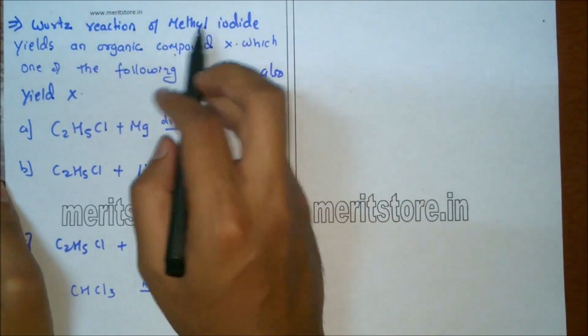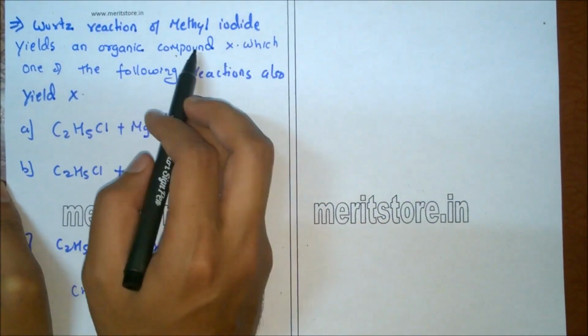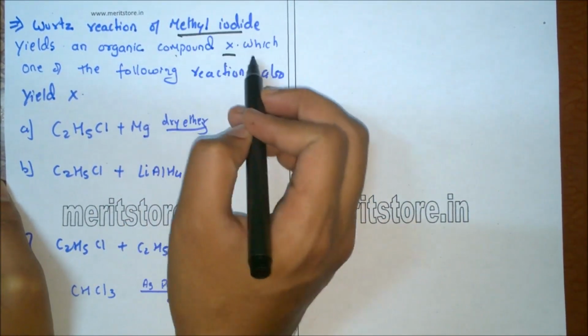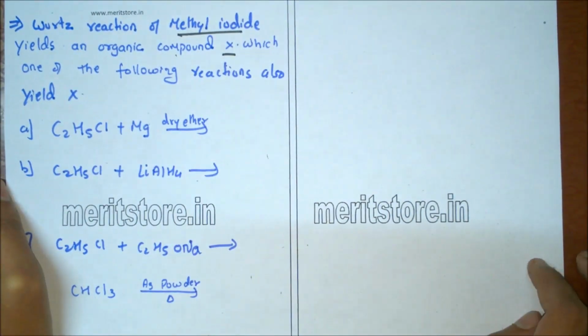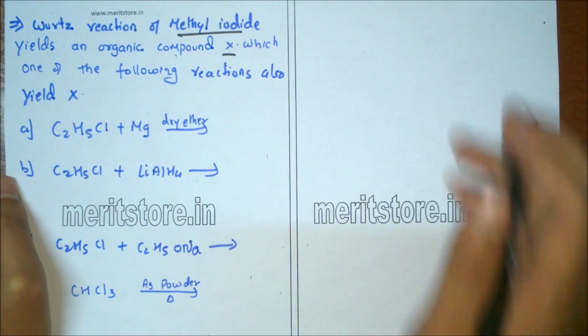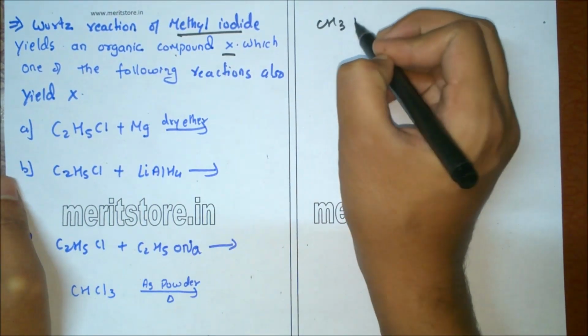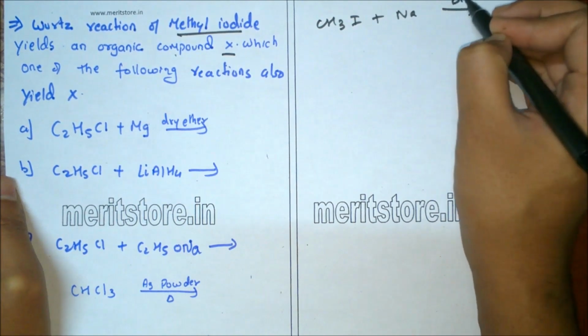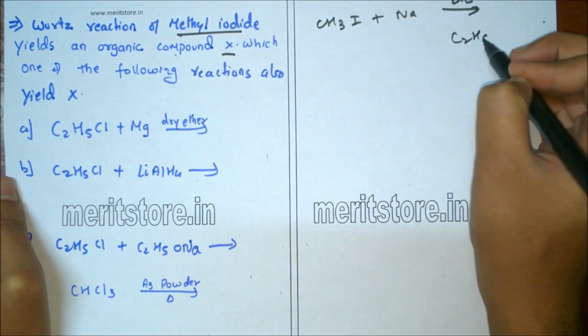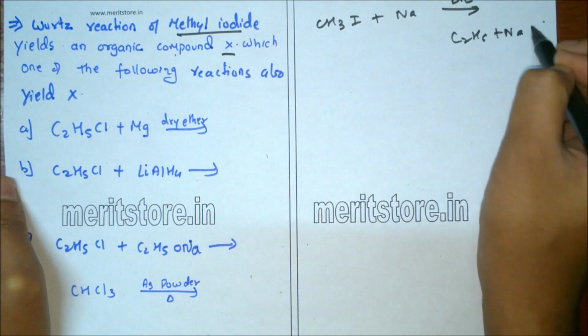Wurtz's reaction of methyl iodide yields an organic compound X. Which one of the following reactions also yields X? Wurtz's reaction gives ethane, that is CH3I plus Na in presence of dry ether will give C2H6 plus NaI.